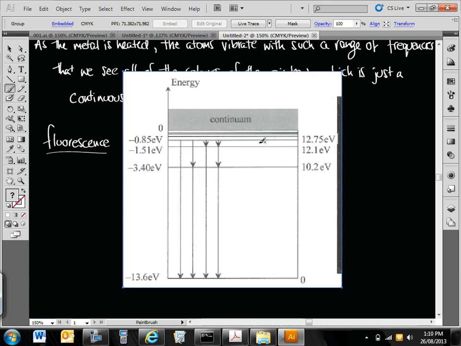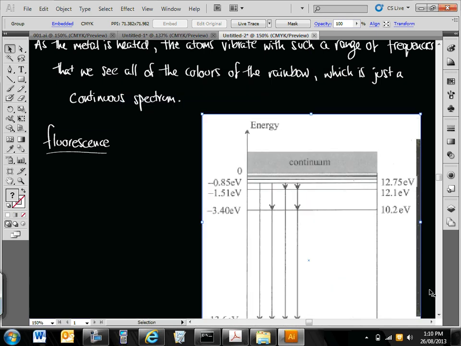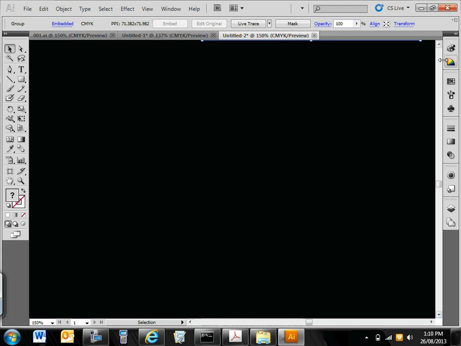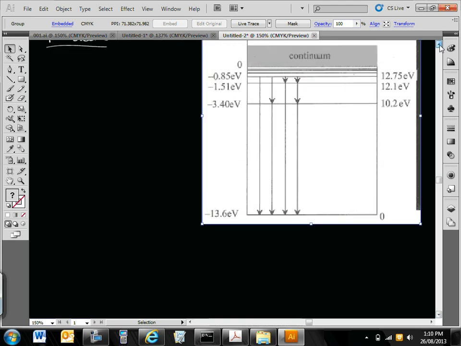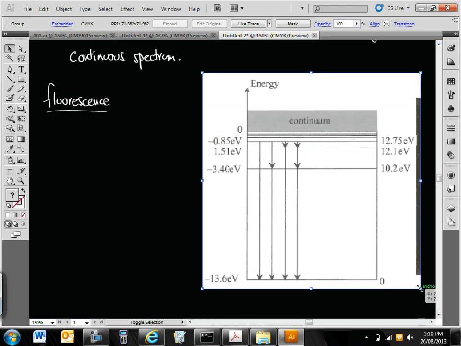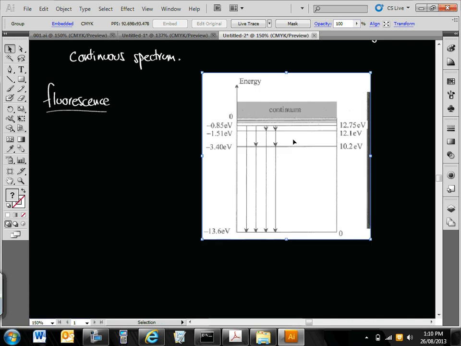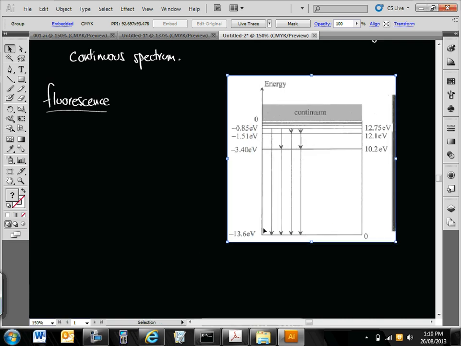There it is. What's going on is that we shine in, well, what are these? Here's hydrogen again, and hydrogen won't tend to fluoresce, well, not in the situations that I know of anyway.